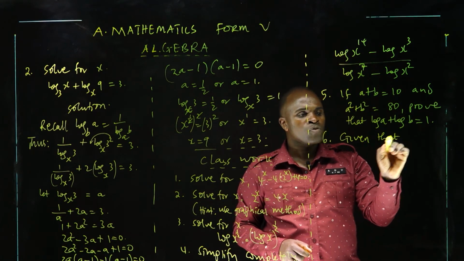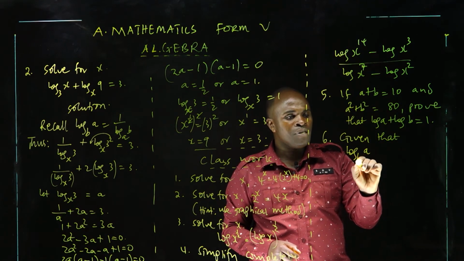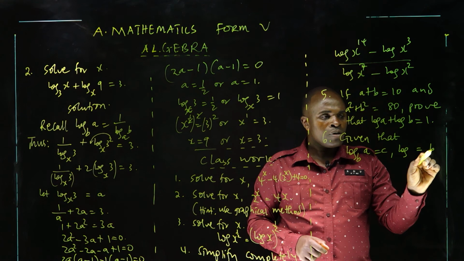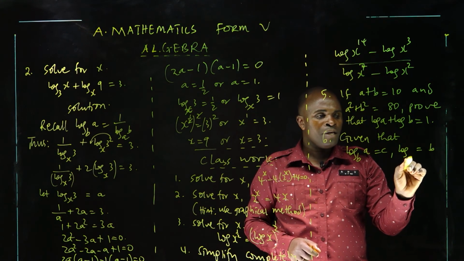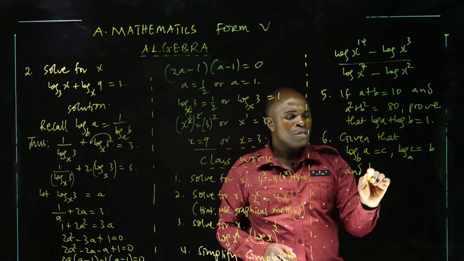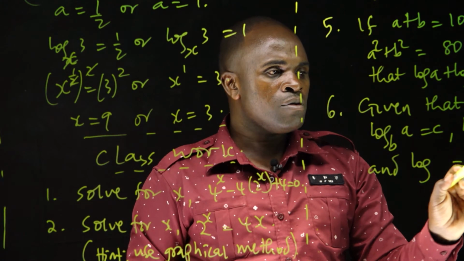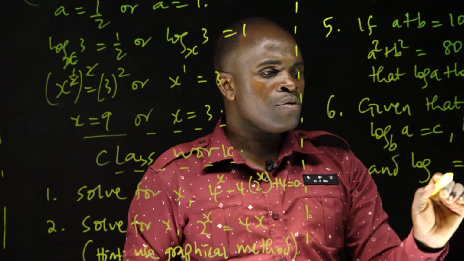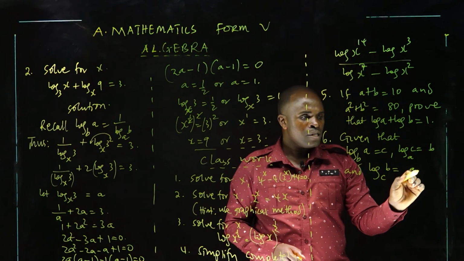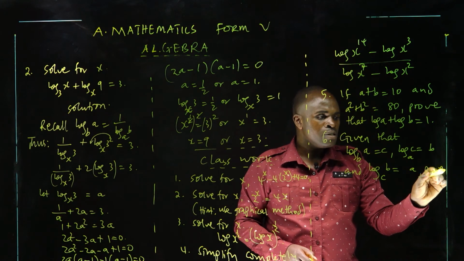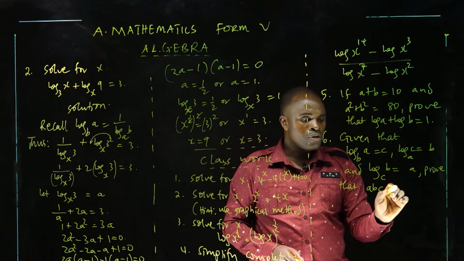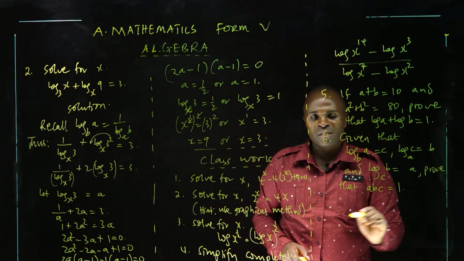Given that logarithm of a base b is c, logarithm of c base a is b, and logarithm of b base c is a, then prove that a times b times c equals 1. You will see this from Advanced Mathematics by Tranter.